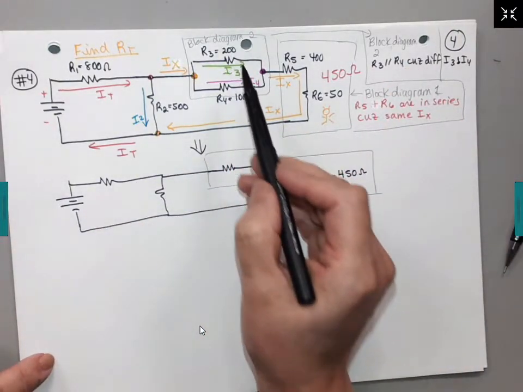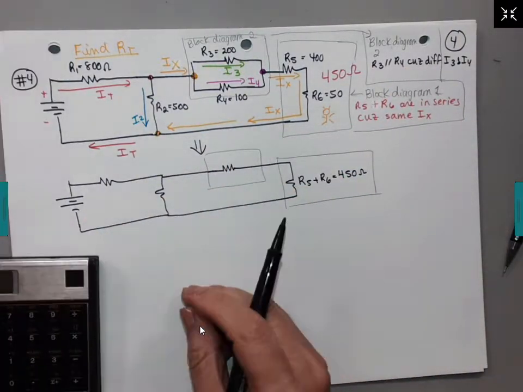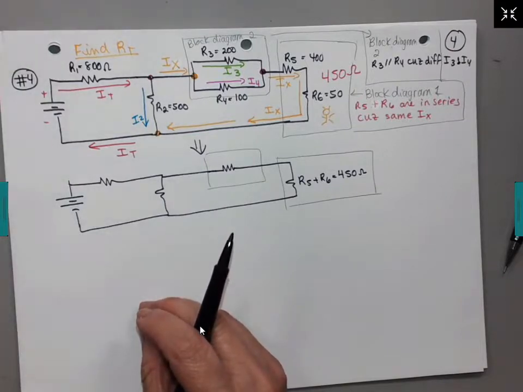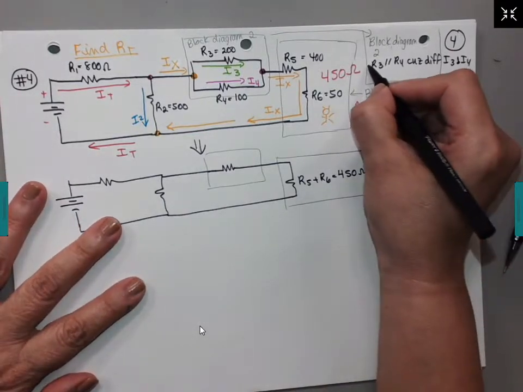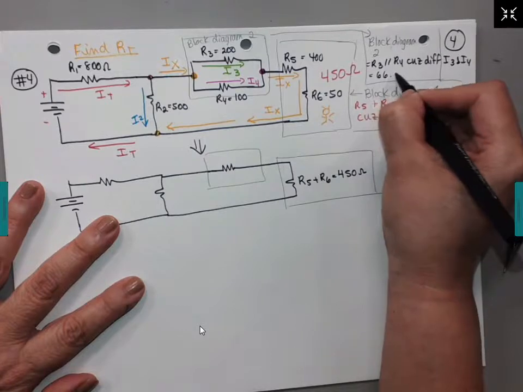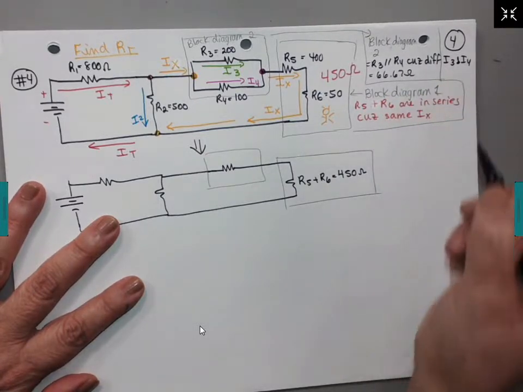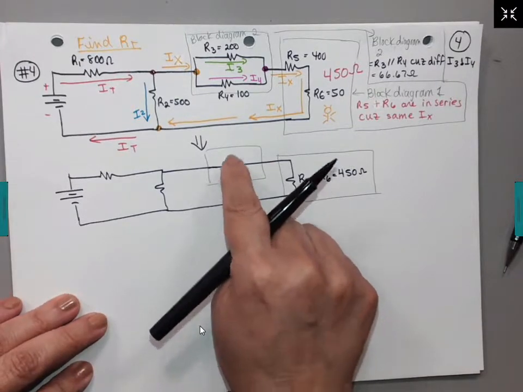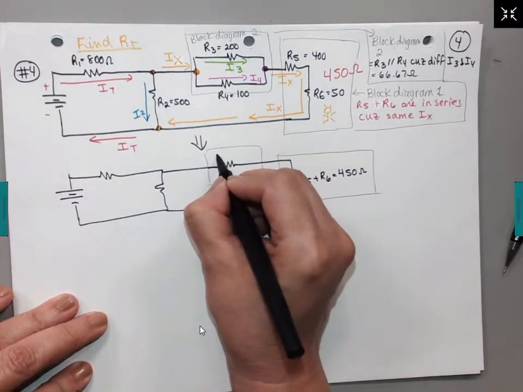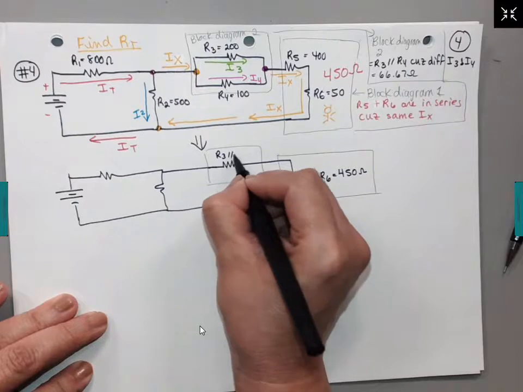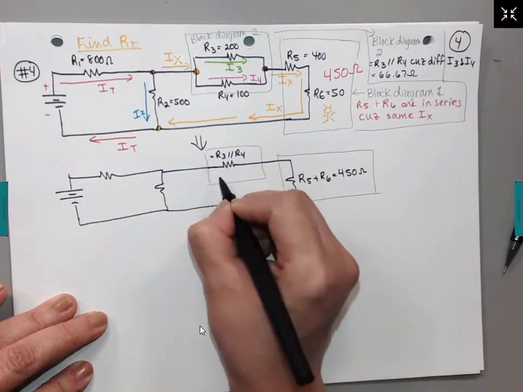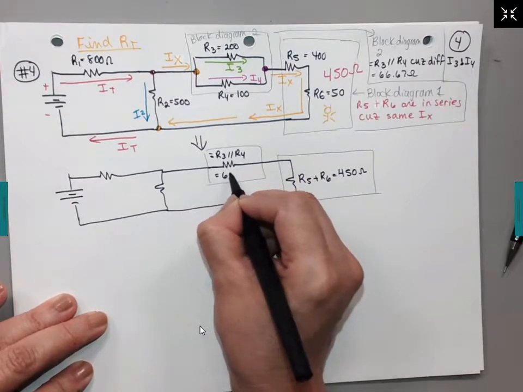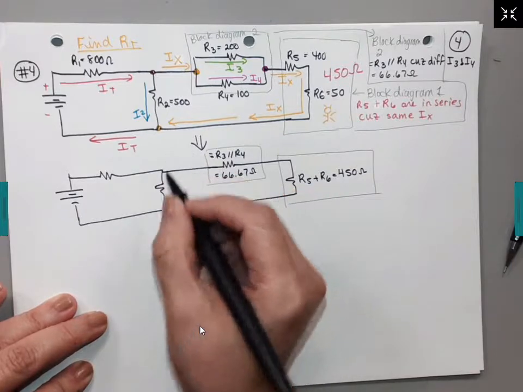So what's 200 and 100 in parallel? 66.66. Yep. So right here we're going to get 66.67 ohms. That number goes right here. So he's going to be R3 in parallel with R4, which is equal to 66.67 ohms.